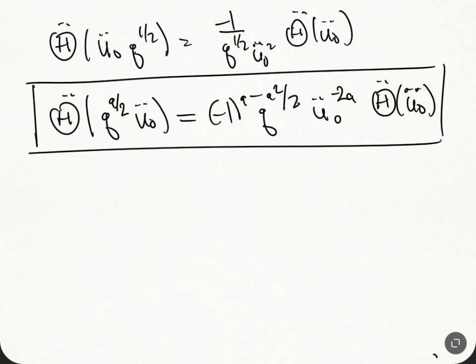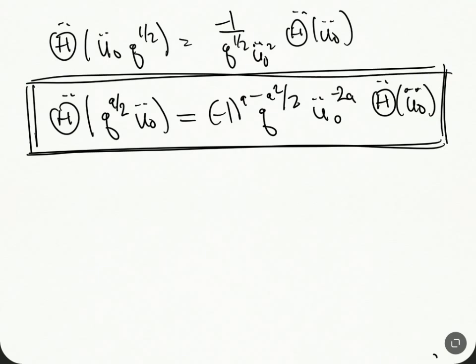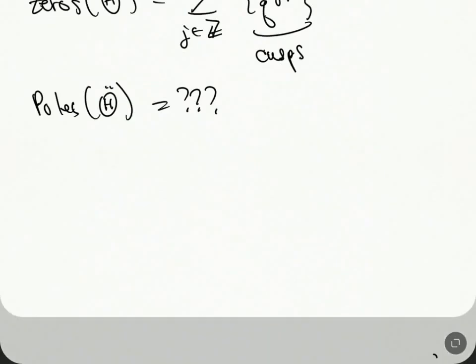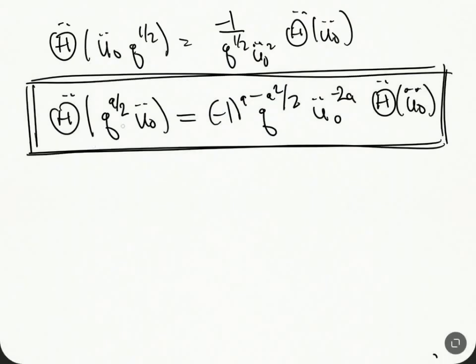Okay, that's great. Well, okay, so this is good, and so now what I want to do is look at what happens to the poles. So to look at the poles, I want to look at what happens at the component labeled A. Okay, so let's bring this to the other side, and we see that this thing.